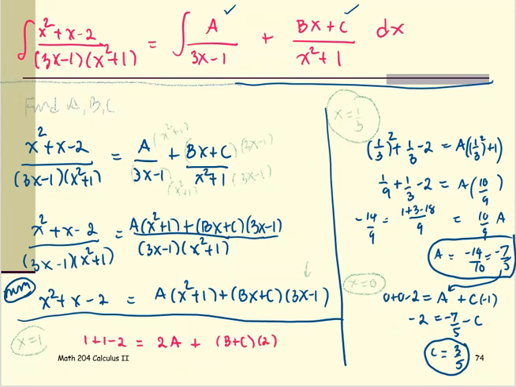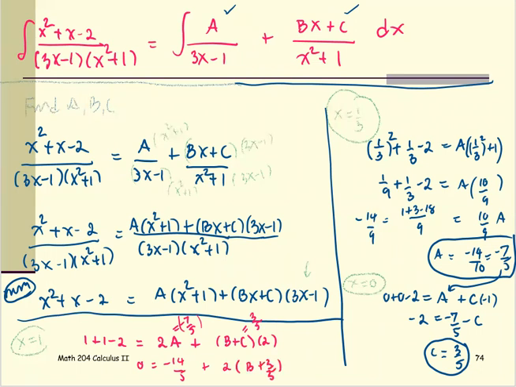Okay, I already have A as negative 7 over 5. I have C as 3 over 5. So then I work on algebra. So the left hand side is 0. And this one is negative 14 over 5 plus 2 times B plus 3 over 5.